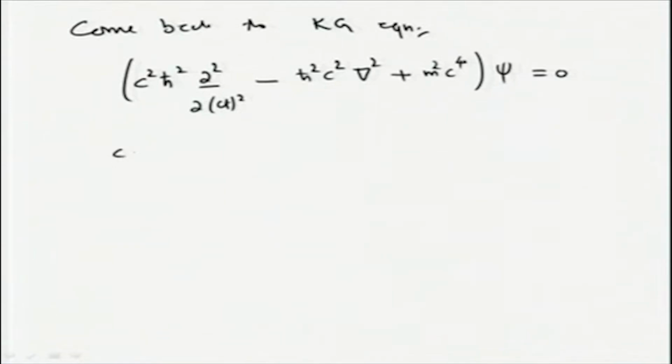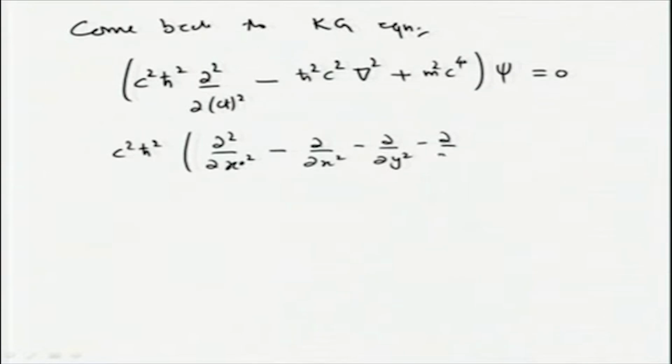So, now I can take c square h cross square as a common factor, and that will give you dou square over dou (ct) square, which is essentially, let me write it as dou x_0 square, the 0th element, minus dou by dou x square minus dou by dou y square minus dou by dou z square, psi plus m square c 4 psi equal to 0.